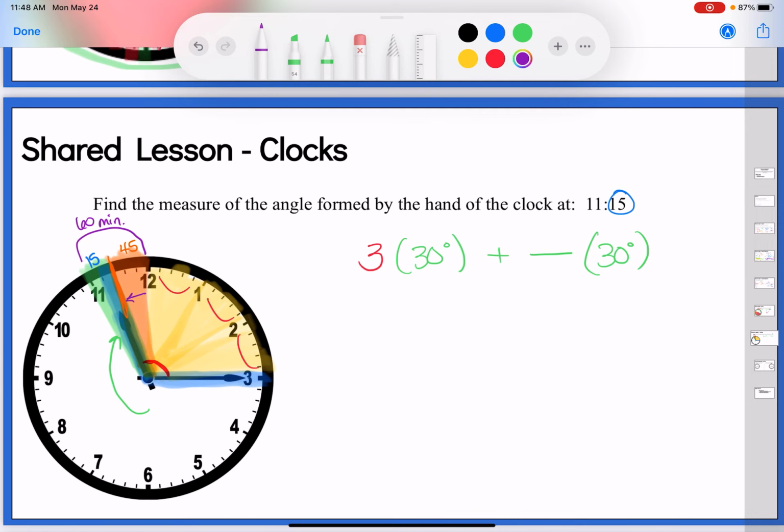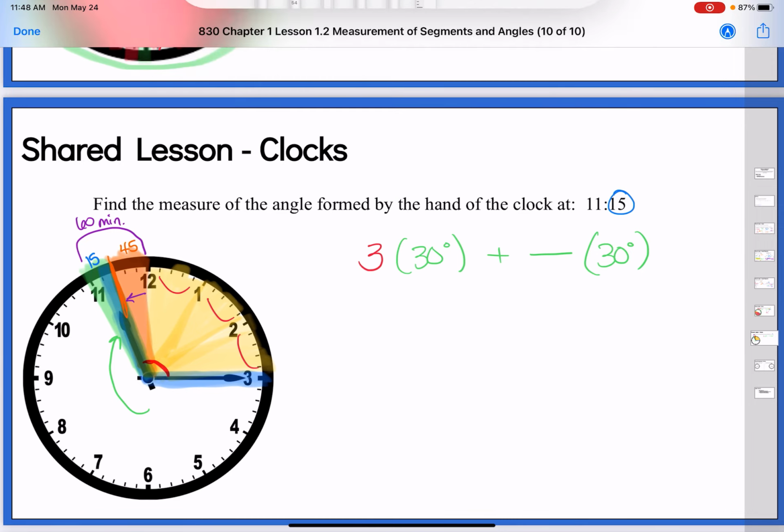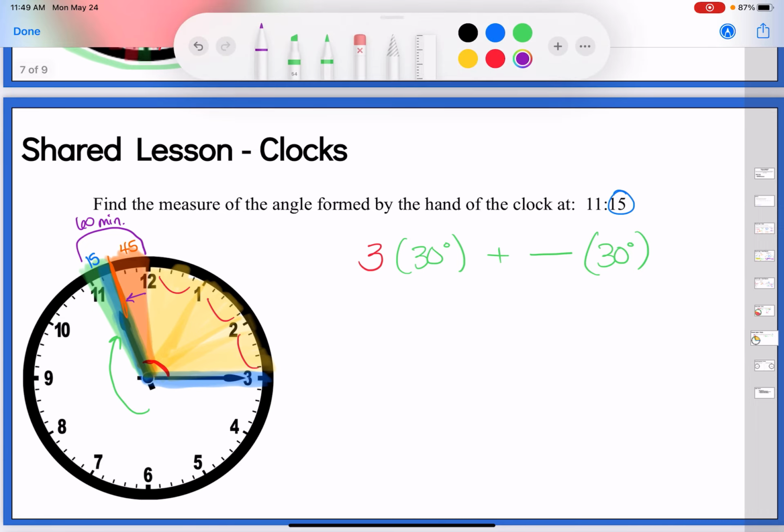That's the part that I want in order to be included in my angle. That's the side. So my fraction out of 60 would be the 45 minutes this time. And it all just depends on the way the hand moves around the clock. I probably should have put my arrows going this way. This is the fraction I want.